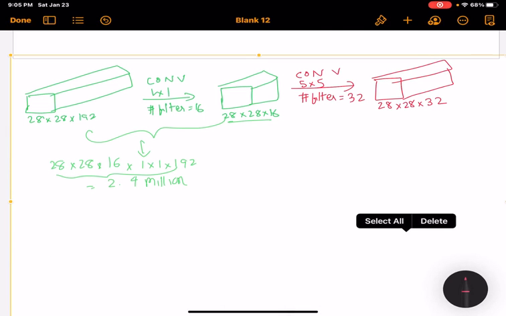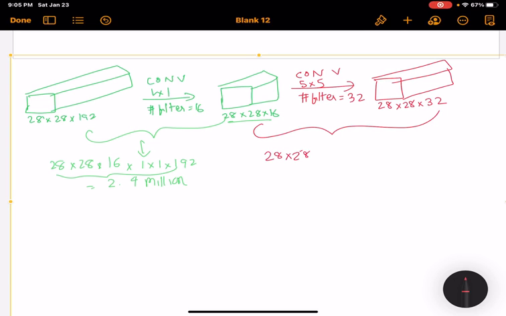And now let us look at this particular operation. For that, we need to compute again 28 cross 32 numbers, and for each of them we need to do 5 cross 5 cross 16, right?